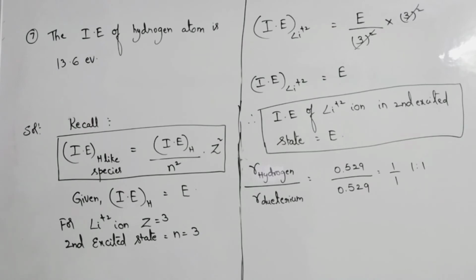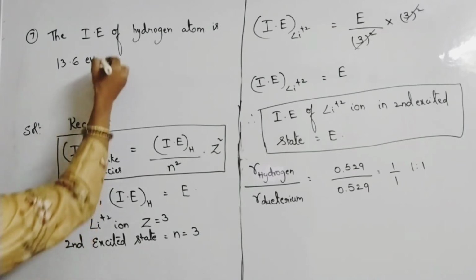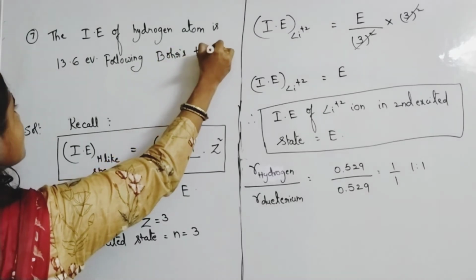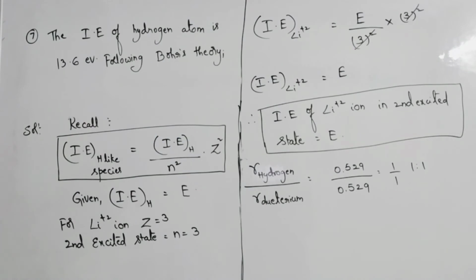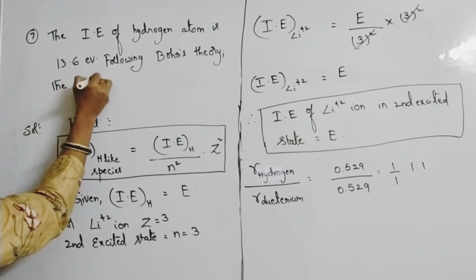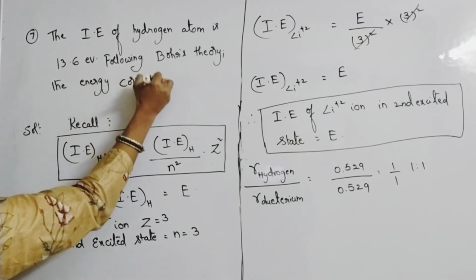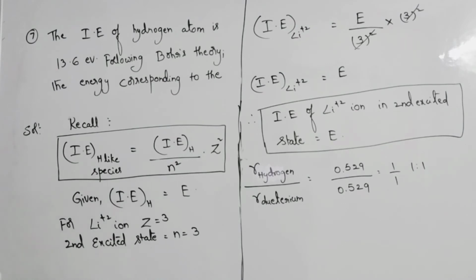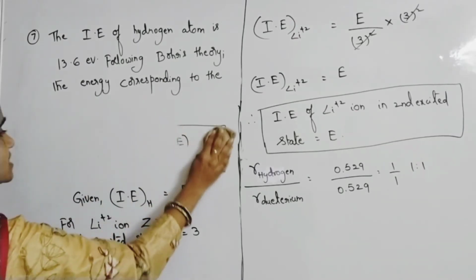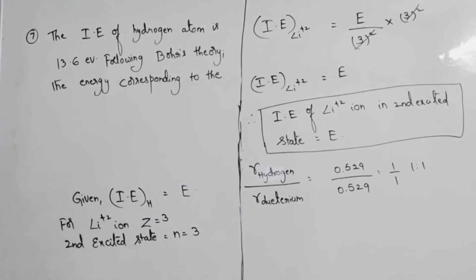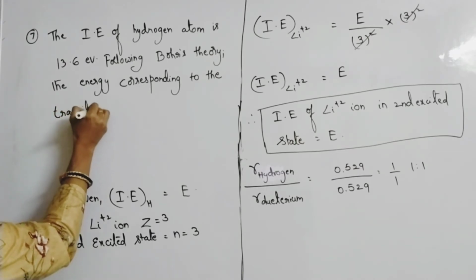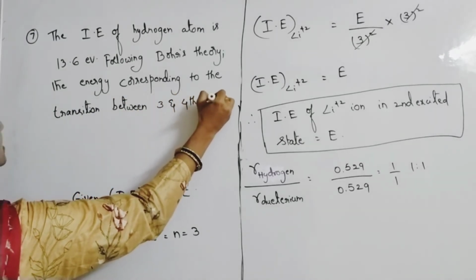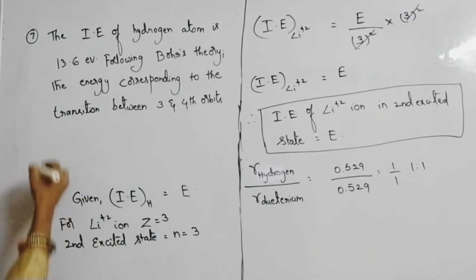Okay, then following Bohr's theory, the energy corresponding to the transition between third and fourth orbits is dash.